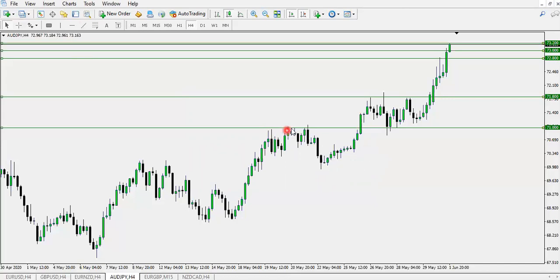You can see even here that when price intersected with our institutional price level of our round number, price then rejected but continued upwards anyway.